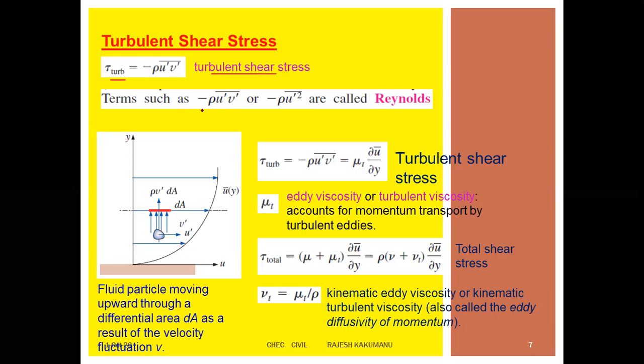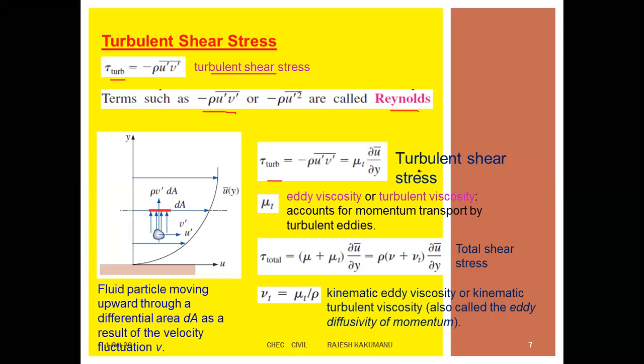The term you are using, minus rho u dash v dash bar, is called the Reynolds stress. So if you make a graph between u and y, taking a small component of liquid in the u direction u dash and the v velocity direction v dash, you can see the turbulent shear stress is equal to minus rho u dash v dash bar, which equals mu t of dou u by dou y.